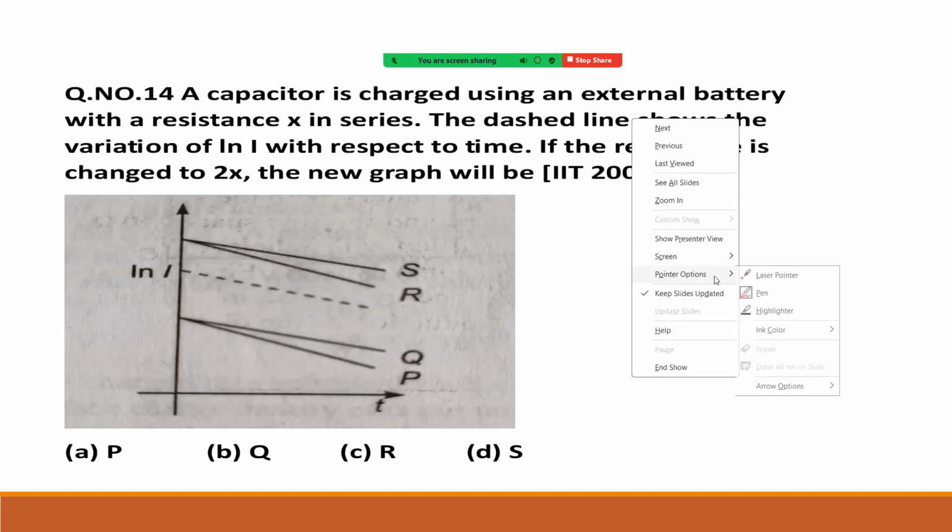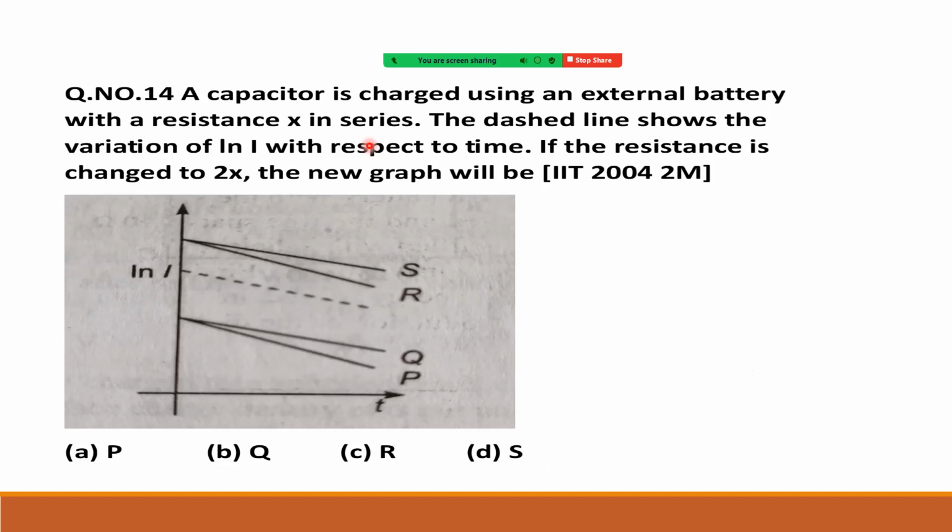Let's see the question. A capacitor is charged using an external battery with a resistance X in series. The dashed line shows the variation of ln I with respect to time.